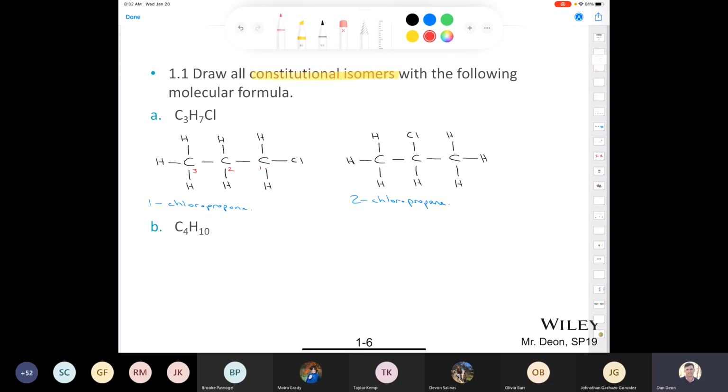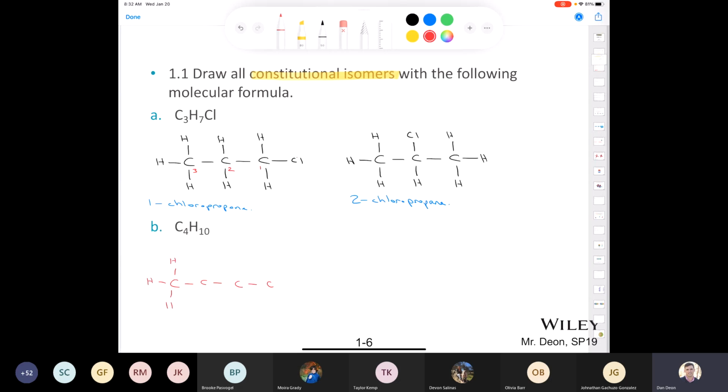I'm going to go over this one a little bit faster. C4H10, well, since hydrogen can only form one bond, I have no option except to link all of the carbons together. If I connect all the carbons like this, I have 3 bonds missing here.